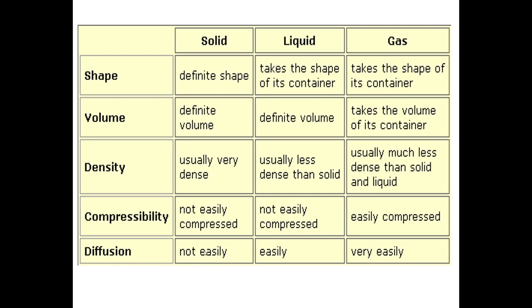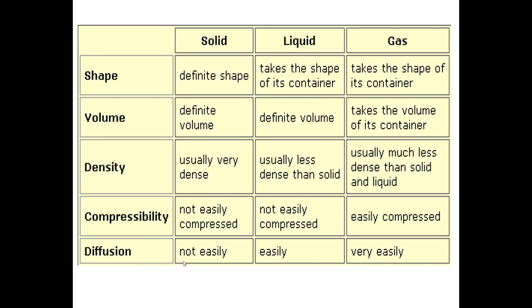Diffusion. You can't diffuse things through solids very easily. You can diffuse things through liquids very easily, and you can diffuse things through gases even more easily. If you put a drop of food coloring on your countertop at home and wipe it up soon enough, you're not going to see anything.